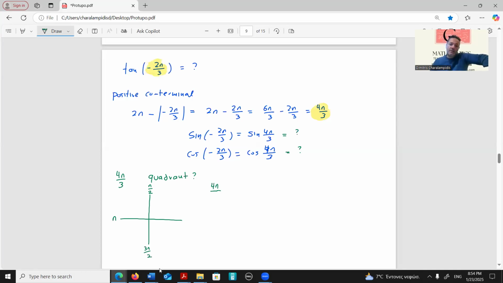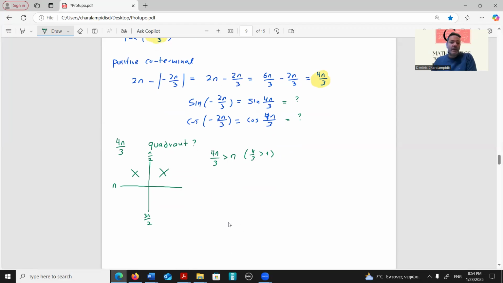It's easy to see that 4 pi over 3 is greater than pi, since after all, 4 thirds is greater than 1, which means that I should be working in the third or fourth quadrant. I have an angle which is greater than pi. Now, in order to determine whether it's in the third or the fourth, I should compare 4 pi thirds with 3 pi over 2.